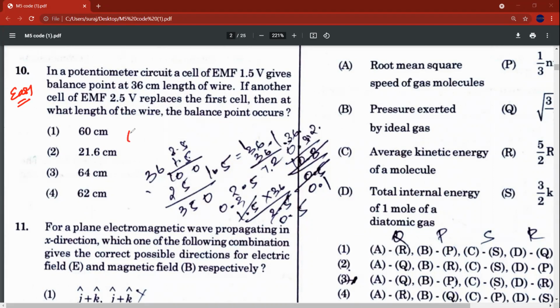So I can write E1 equal to K times L1, and some E2 is equal to K times L2. Then what is the length of the wire balancing? L2 we need to find. Solve it, we'll get option 1. Easy question. Next.